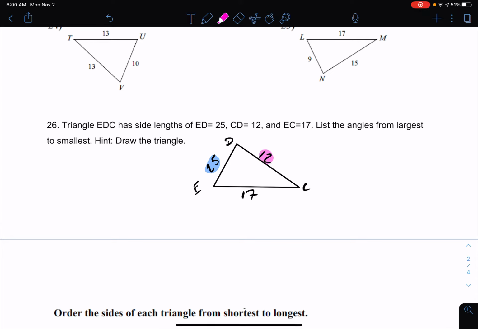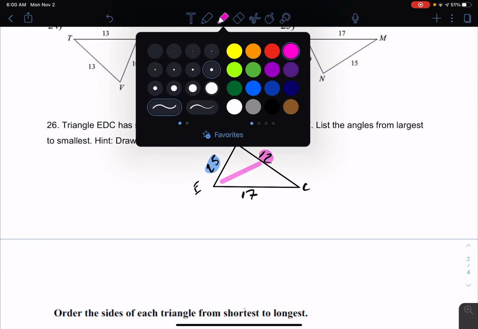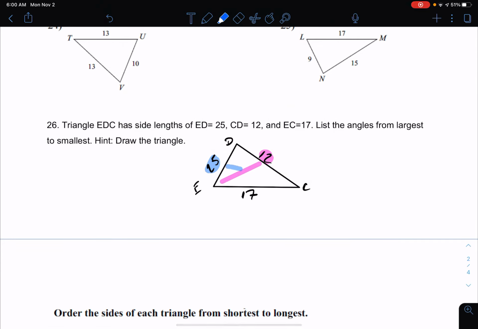That means E is going to be my smallest angle, and the one opposite from 25, which is letter C, is going to be my largest angle. So this one is the smallest, this one is the largest, even though it's clearly not what the picture looks like.